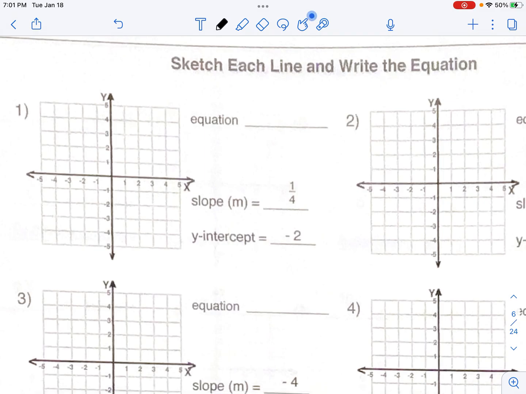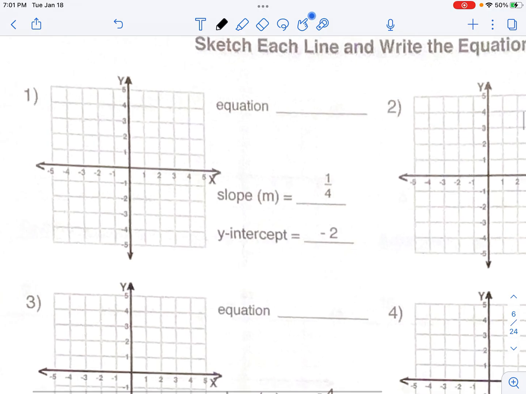Okay, so same similar concept, all right? So writing the equation given the slope and y-intercept. And again, this is probably the easiest of the first 3 concepts, okay? So y equals 1 over 4x, because that's your slope, minus 2 is your y-intercept.